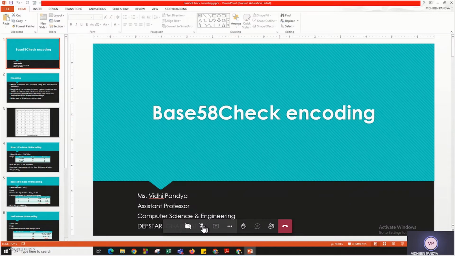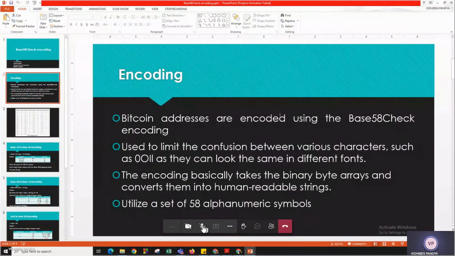Whatever human readable language we write, when an address is created, or a hash value is generated, or we want to send a message, the characters are human readable characters, A to Z, and it also includes the number values 0 to 9, right? Some of the characters look similar to each other.